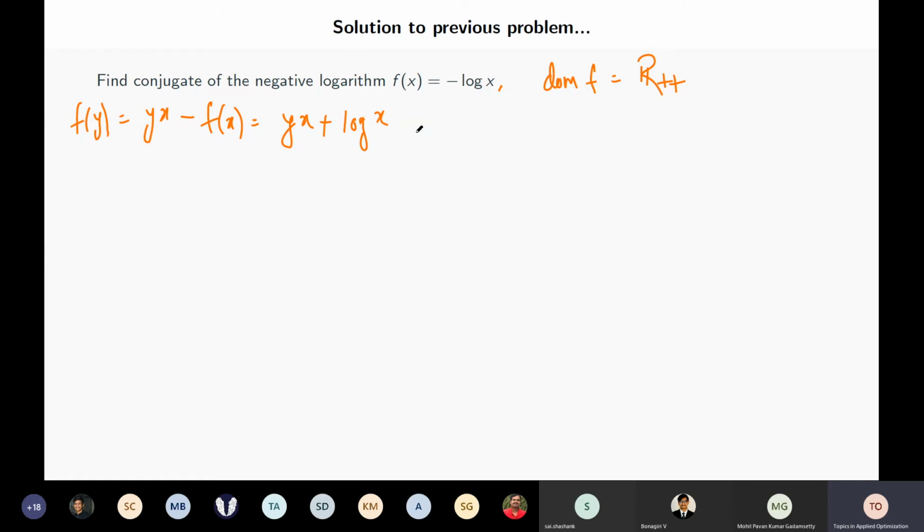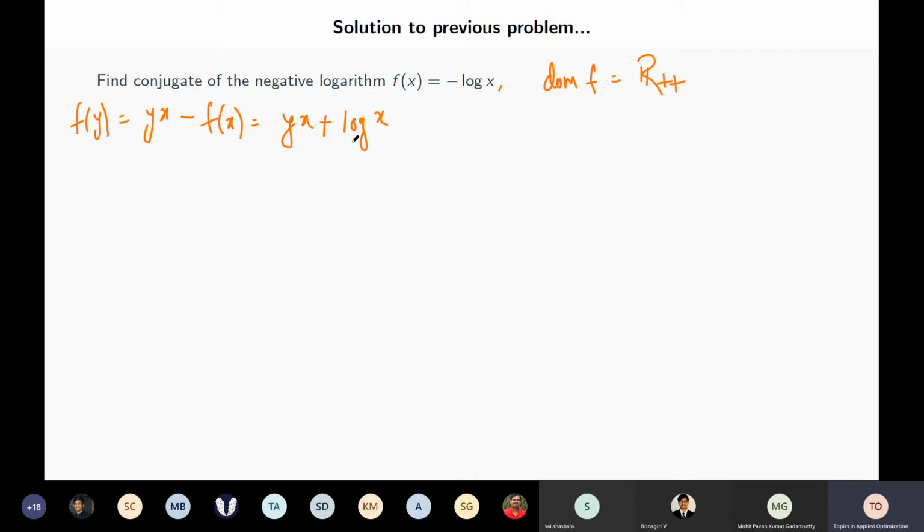Now, what about the bound? So let us see when it is bounded and when it is unbounded.